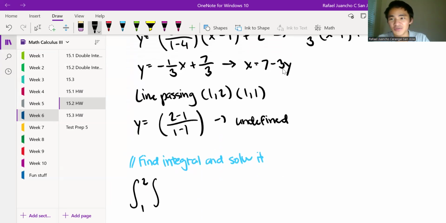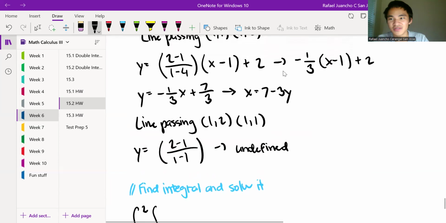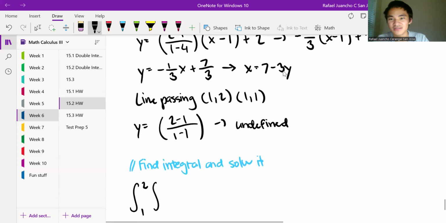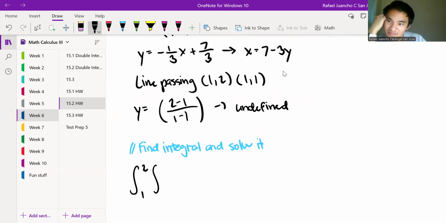When my y is 2, however, this is 1. So this goes from 1 to 4. Right?